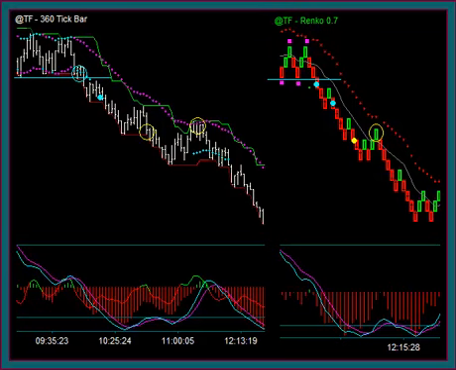Now, blue dot 2 on the Renko chart, which is the same as the blue dot on the tick chart, is where you get the retrace, retest back to the midline area, which is the shift line on the 360 tick.